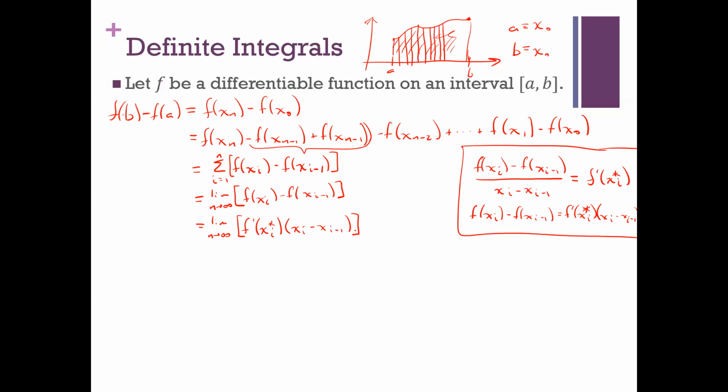Have we seen this thing before? Oh, I've been leaving off something really important. For some reason, somewhere I dropped this sum. I really am adding all these things together.